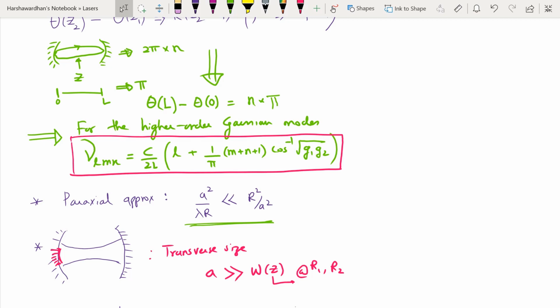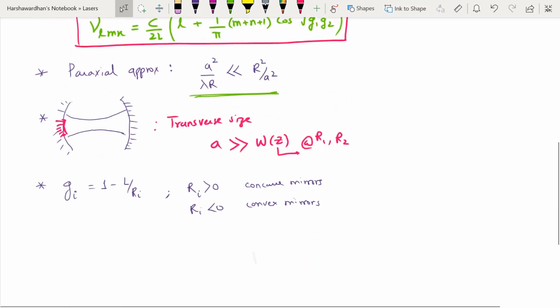If you have opposite signs, then this square root of the cosine inverse is going to be a problem. And indeed, Gaussian beams are not solutions of unstable cavities. These are solutions only of stable cavities. So that's an important caveat, that our Gaussian beam solutions, even the higher order solutions, are solutions of a stable cavity.